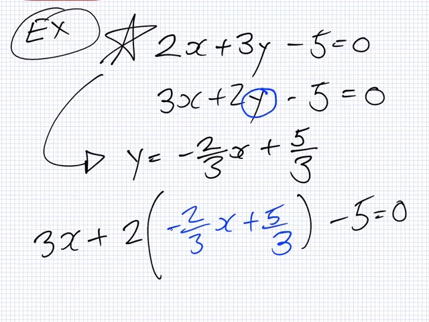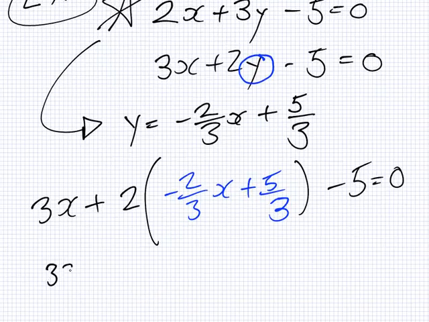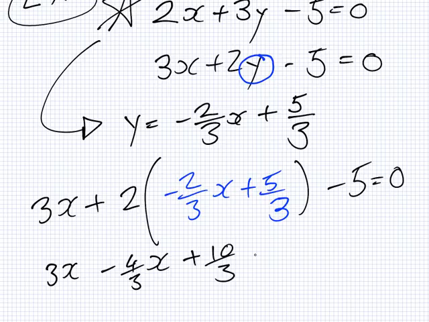What do I need to do here? Just expand. So I get 3x minus 4 over 3x plus 10 over 3 minus 5 equals 0.